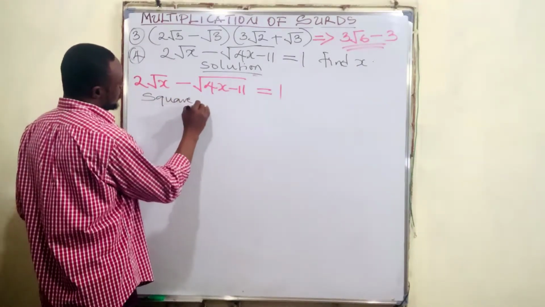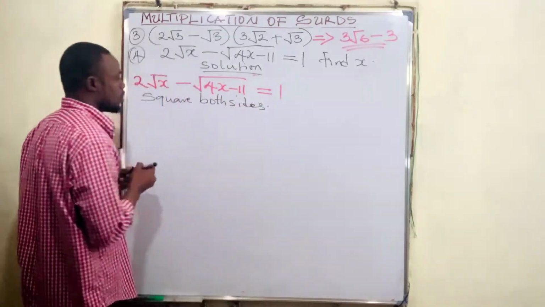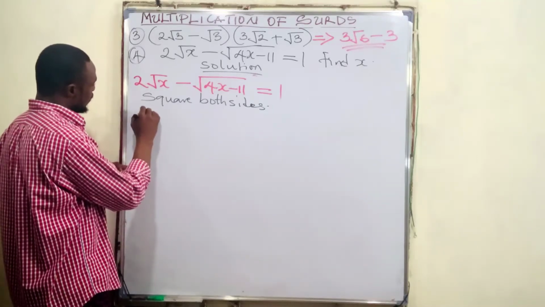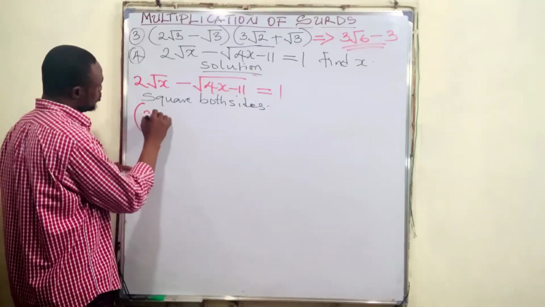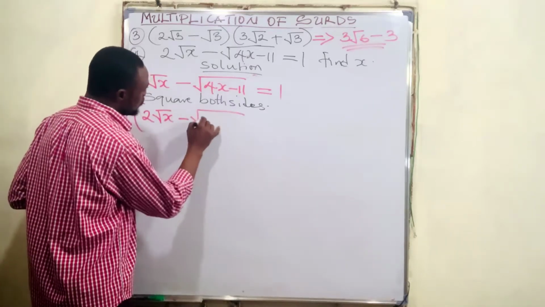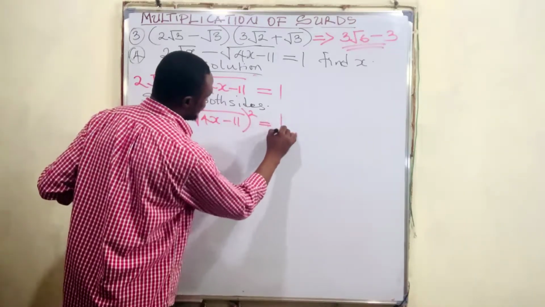Square both sides. So we now have open brackets 2 root x minus the big root of 4x minus 11 square to be equal to 1 square.